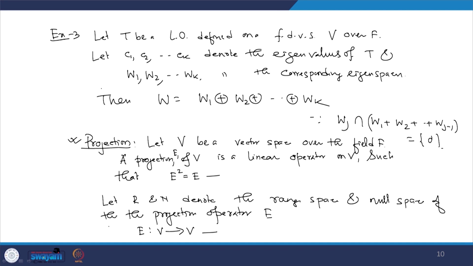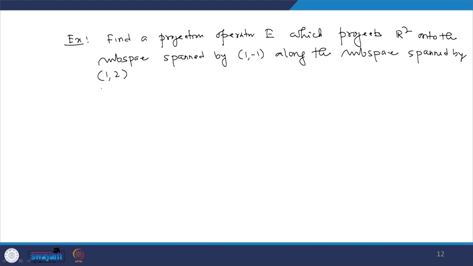I will say that E is a projection operator on R along the null space capital N. So, let me consider one example.